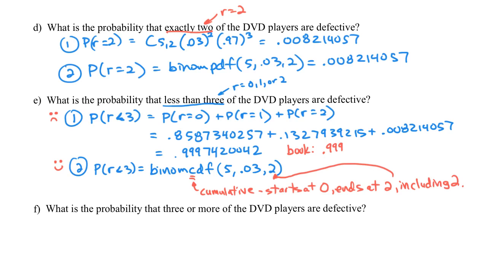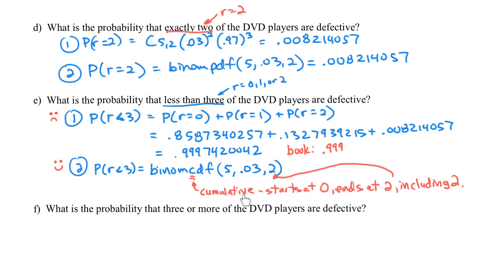So binomial CDF. This was actually one of the first probability distribution functions that Texas Instruments put together in their calculator. So it actually has kind of a weakness here. It's the only one that insists on starting at 0, which causes us some problems later, which we'll see right here for 3 or more.